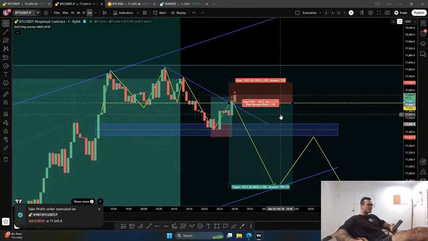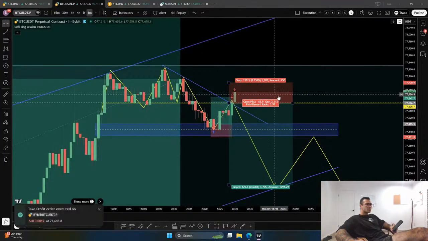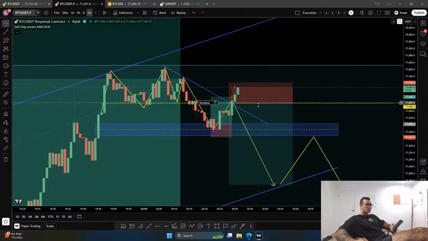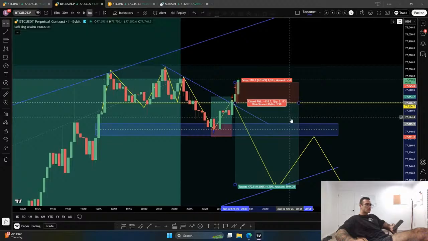Wait, what just happened? Take profit executed. I don't know what happened just there, but we have tested the neckline, and that would have lost anyway, which is okay.